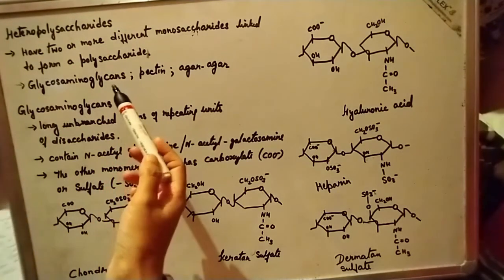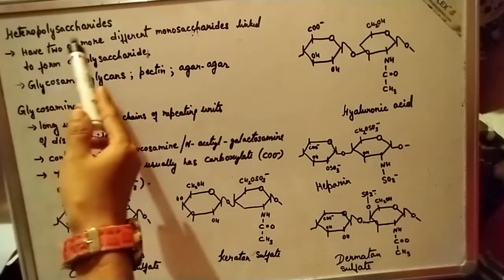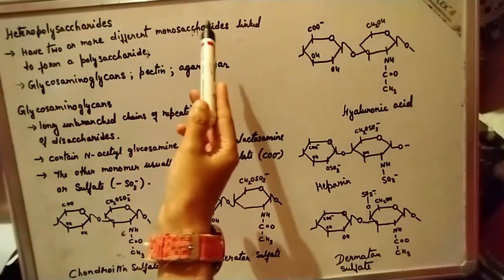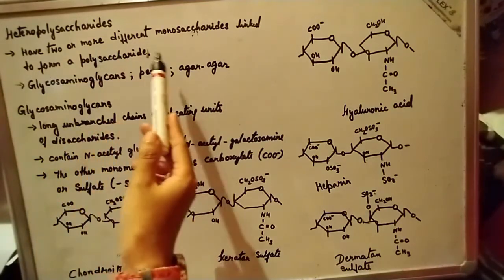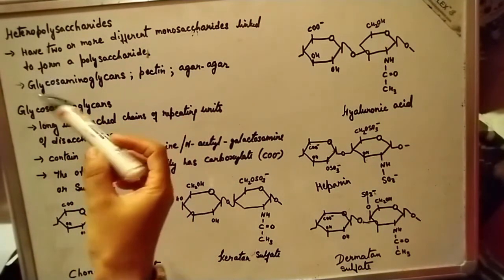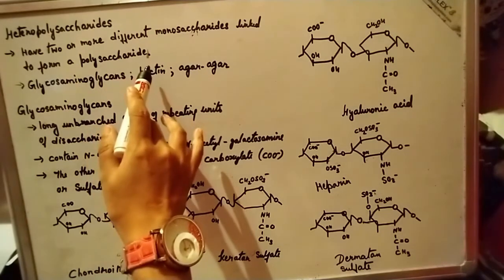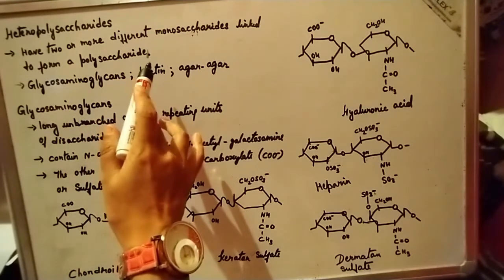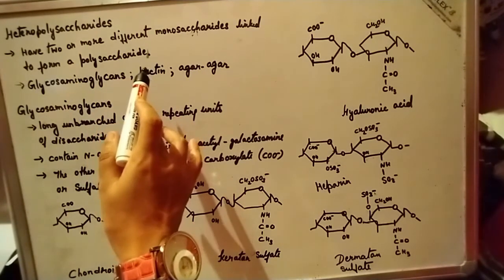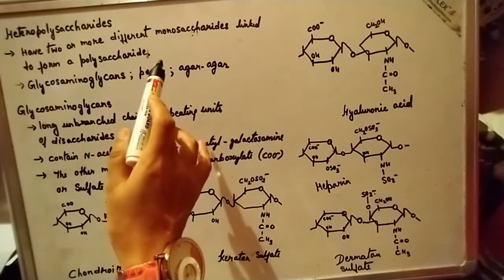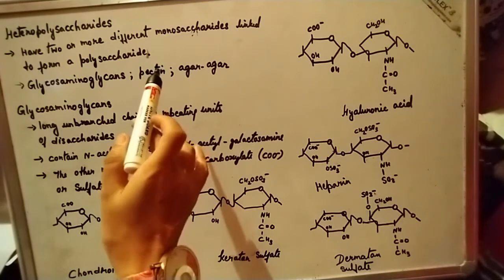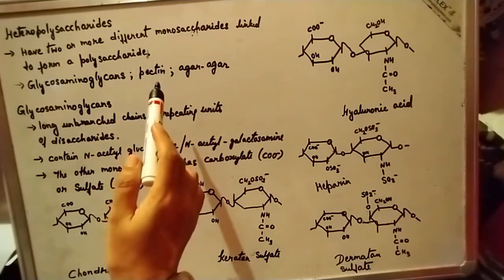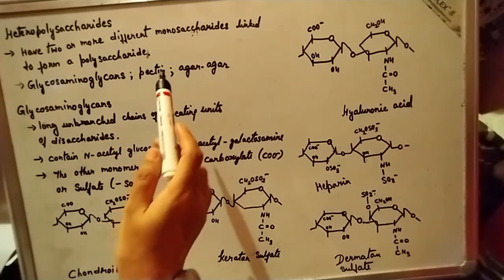They have two or more different monosaccharides linked together to form a polysaccharide, and usually these are repeating units of disaccharides, although in some cases the polymer has two alternating disaccharides. So these are the repeating units of disaccharides.